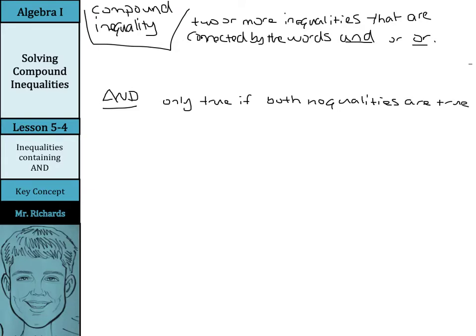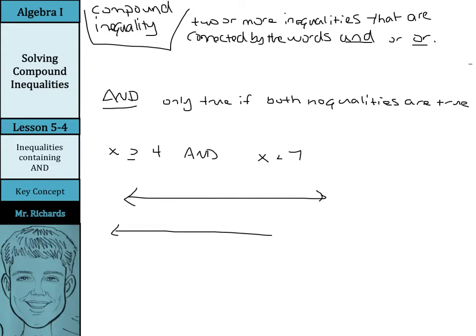So if we take a look at two sample inequalities such as x is greater than or equal to 4 and x is less than 7, if and is our statement, what you can do is graph both of these inequalities. We'll do quick graphs here, with 3, 4, 5, 6, 7, 8.